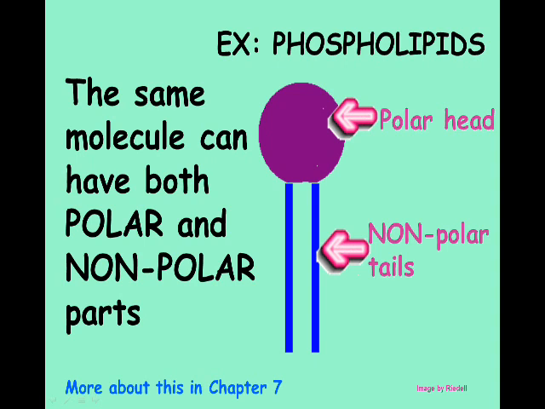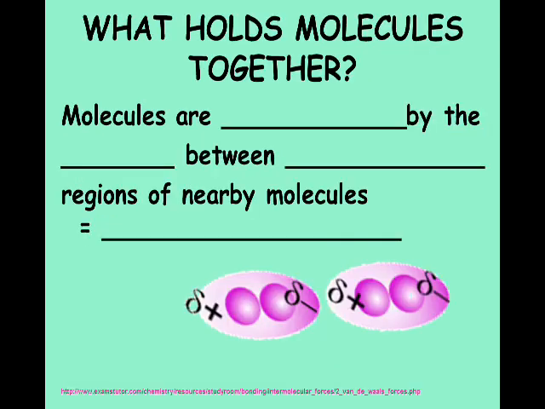And so it's kind of a mixed up molecule. It has a polar head on one end, but very nonpolar tails, and it makes this molecule act in some very special ways, and it's very important. The way it goes together is very important in living things. We're going to talk more about phospholipids in our next chapter.